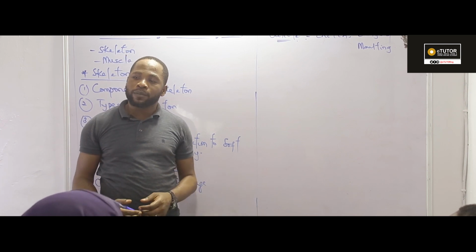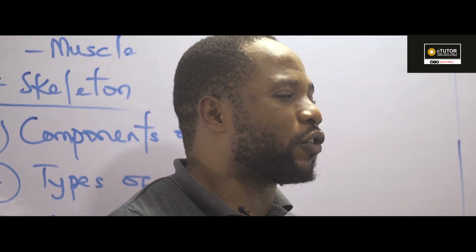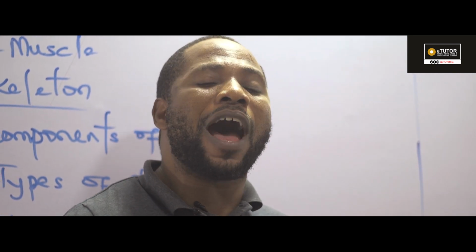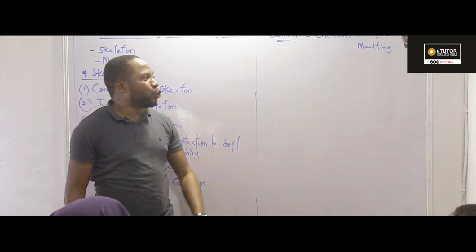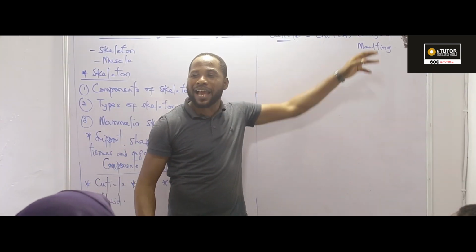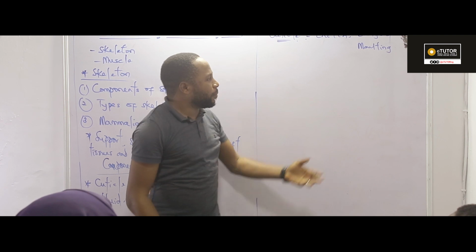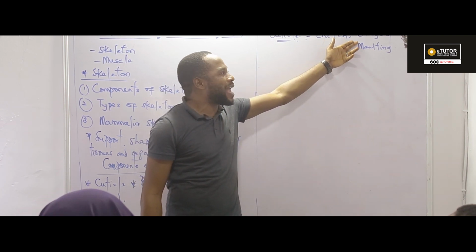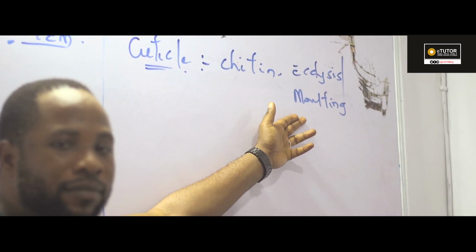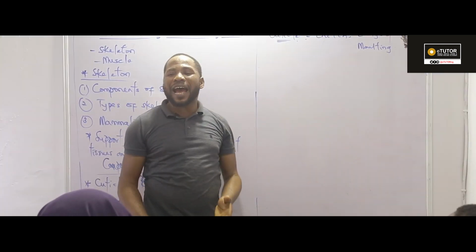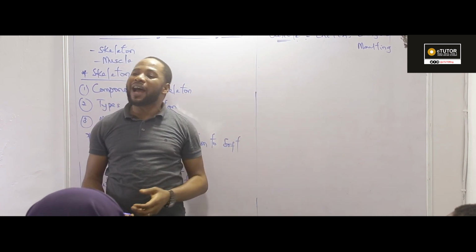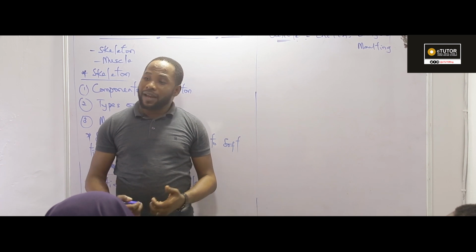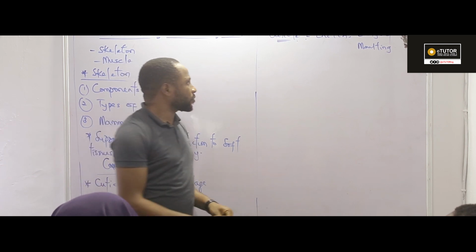It cannot grow. So when such animals grow, the skeleton cannot accommodate them, what they do is to shed off the old skeleton and build another one. The process of shedding off their old skeleton and building another one is called ecdysis or molting. A good example of animals with this type of skeleton are arthropods, mollusca, and so on and so forth.